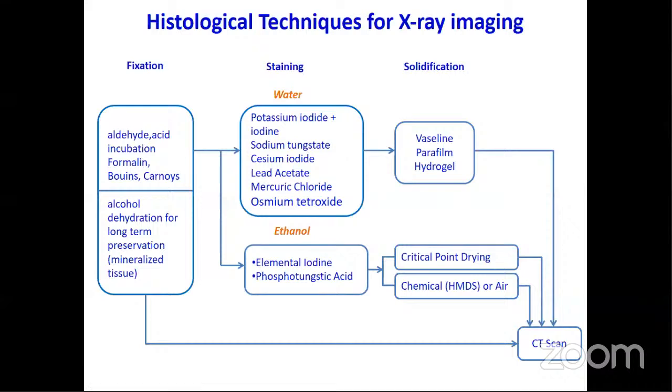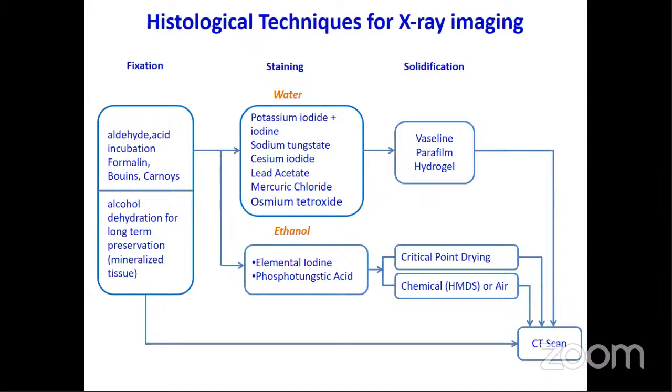So the user is welcome to specify any kinds of requirements which is required for a particular tissue, and we provide the facilities to perform the staining in the facility itself, and therefore taking it to the CT scan subsequently.